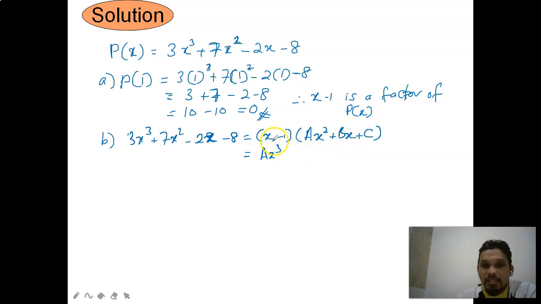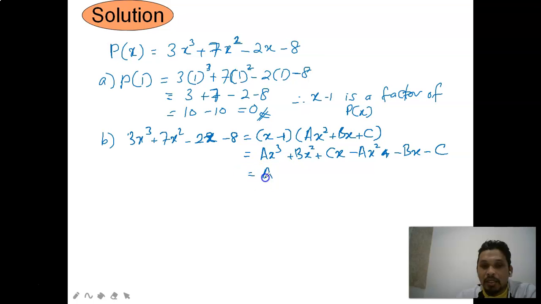Then bx times x gives bx squared, plus c times x equals cx. ax squared times negative 1 gives minus ax squared, plus bx times negative 1 gives minus bx, and negative 1 times c equals negative c.